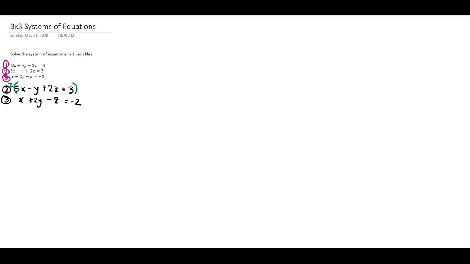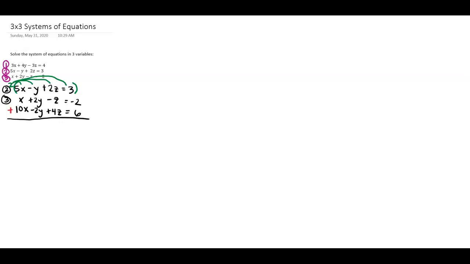And so I can see when I distribute this 2 through to everybody, including that 3 over here, I'm going to end up with 10x minus 2y plus 4z equals 6. And so I'm going to add these together.